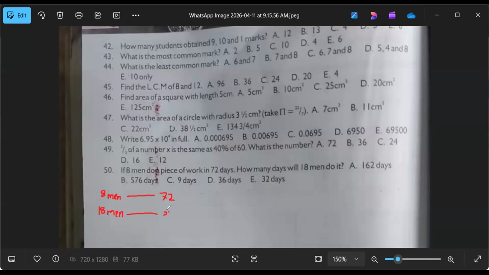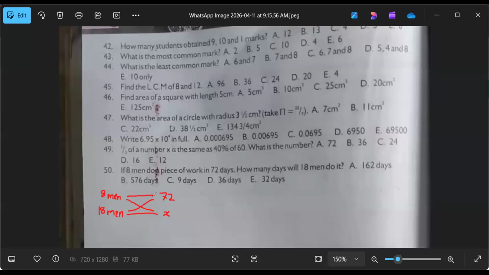Okay, all right. So because it's inverse proportion, what should we do first? Cross it. Yes. Well done. I like that. I'm impressed that you remember it.